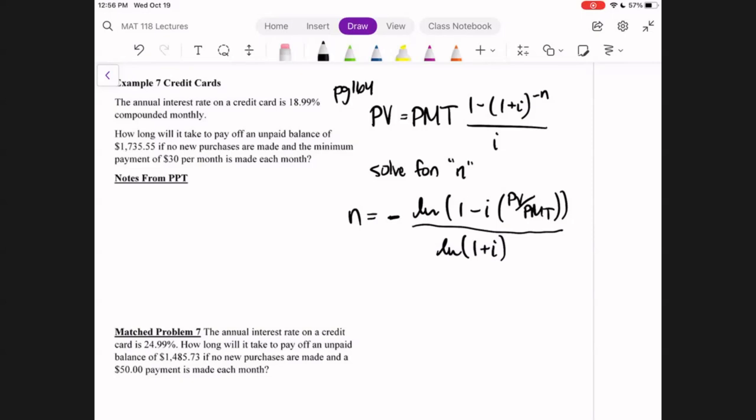So in this problem, we will just plug in things. Your rate is 0.1899, your M is 12, so your I would be what that there is. Your unpaid balance, that's your present value, is how much is on your credit card. And your payment, unfortunately, is the minimum, and you're not making any new purchases, right?